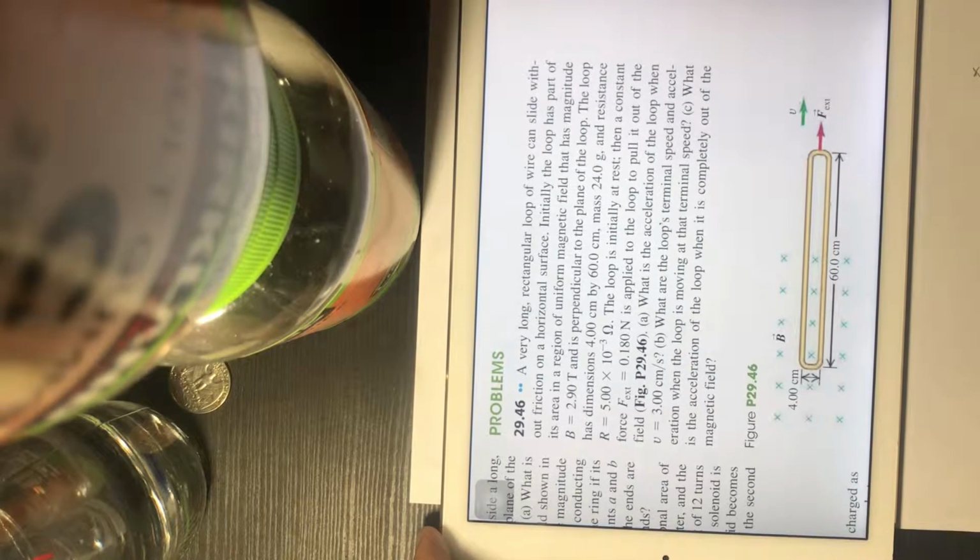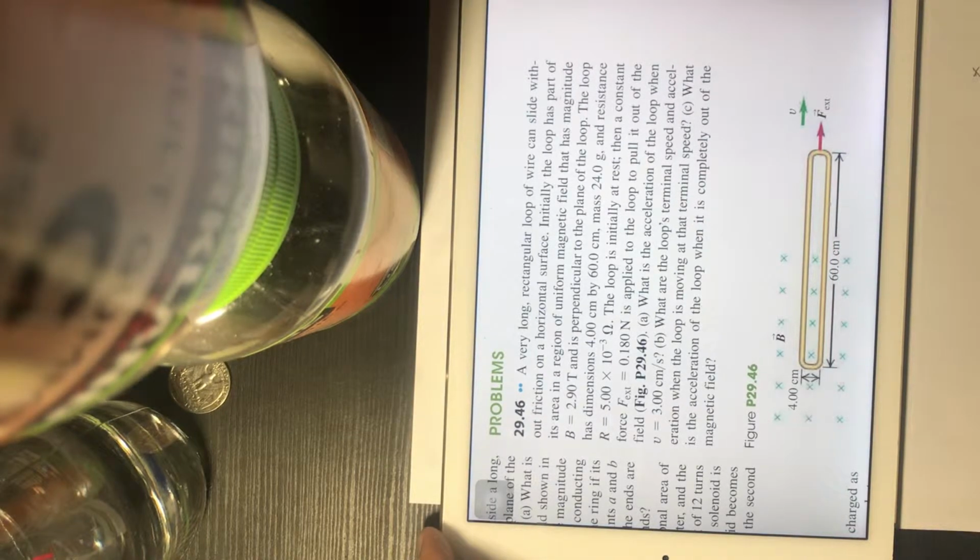The loop has dimensions 4 cm by 60 cm, a mass of 24 grams, and a resistance of 5 times 10 to the power of negative 3 ohm. The loop is initially at rest, then a constant force of 0.180 Newton is applied to the loop to pull it out of the field.